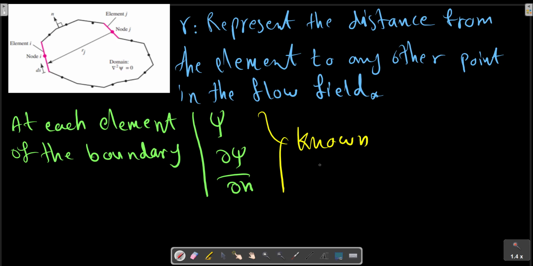Summing these effects over n elements requires integration by parts plus a careful evaluation of the effect of element i upon itself. The mathematical details are available in some references.